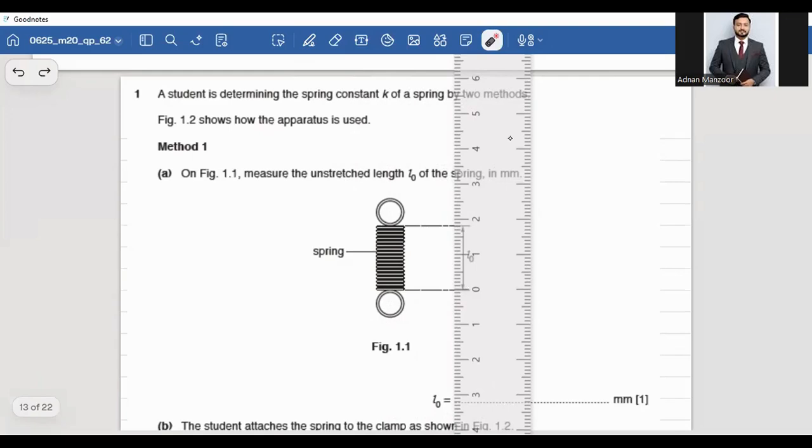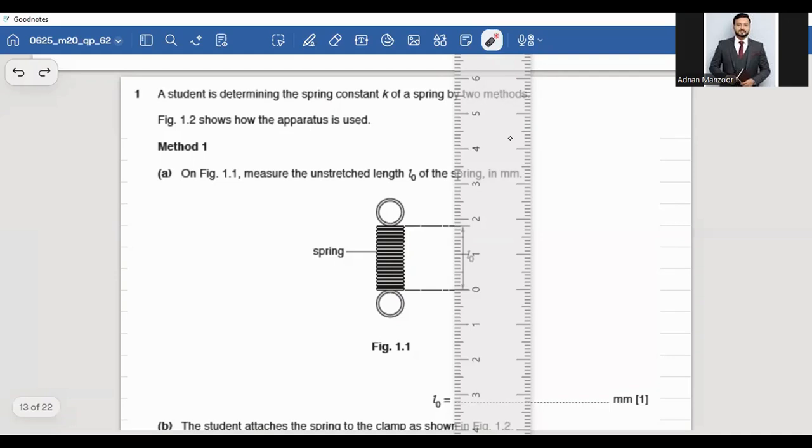Students get a copy of the image, and then they say that the value they measured on their paper is not similar to the one mentioned in the mark scheme. So what I suggest to my students is do not follow the mark scheme exactly, because your printing is different and Cambridge printing is different.